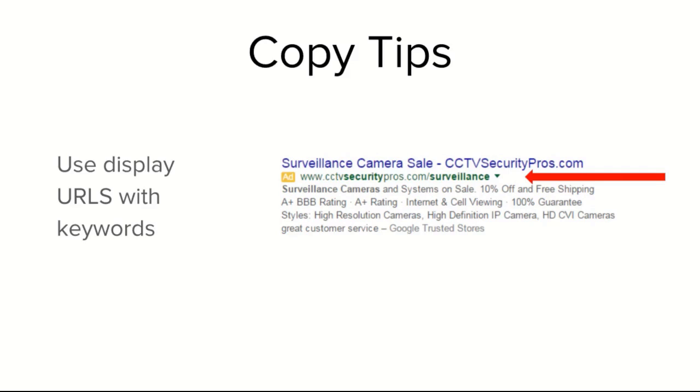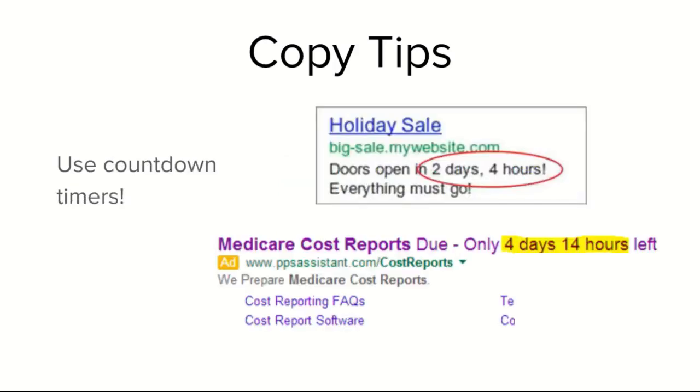They are just fake, just on display, and they're really helpful if your landing page doesn't actually contain the keyword, which is great if it does, but if it doesn't, you can add as many keywords as you need in the display URL section. I'll show you exactly how and where to do that when we go through a campaign setup, but I just want to make sure to share that tip with you as well.